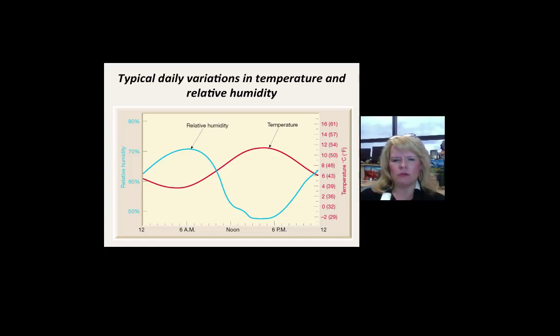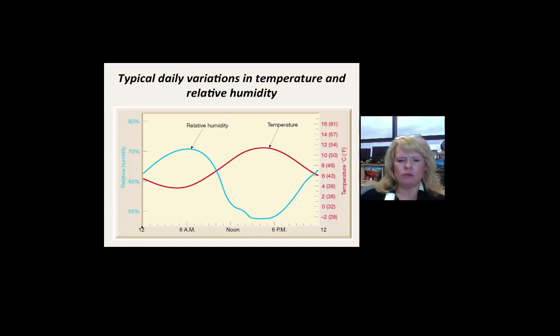So when you're looking at temperature versus relative humidity, notice that the humidity goes down as the temperature goes up.